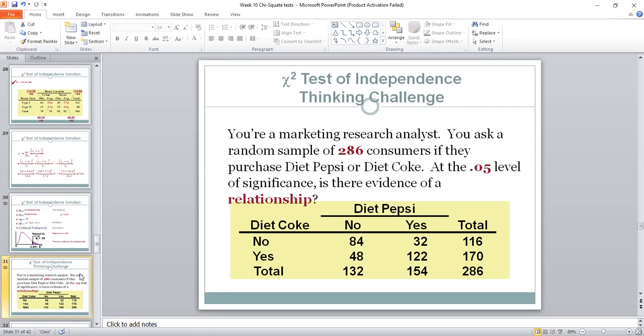The other one said yes to Diet Coke, 48, but they don't consume Pepsi. Then the other one said, we consume both. So you have to test whether there's a relationship. This data alone does not make sense. Use chi-square to test this, and this is the one I want you to do.